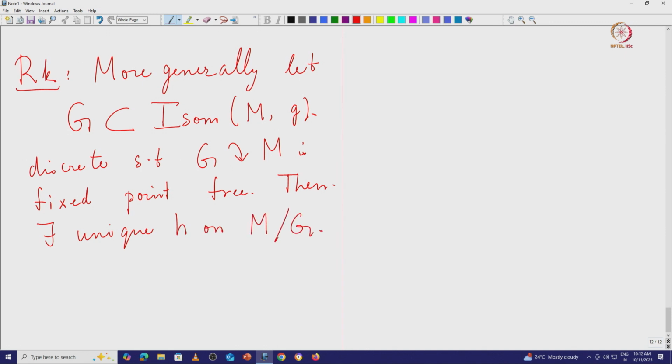So because G is a discrete subgroup which acts without any fixed points, the quotient has a natural smooth structure such that if you look at the quotient map, then pi star of H is precisely g. So the quotient map becomes a local isometry. Okay.